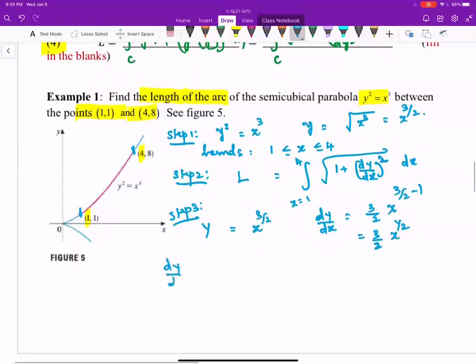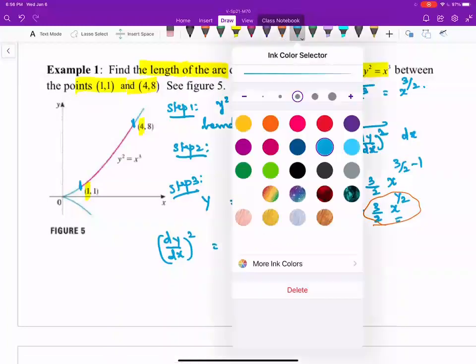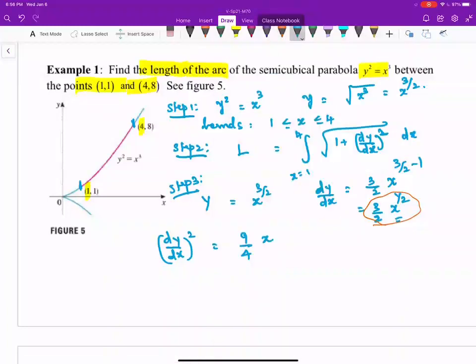So (dy/dx) squared, the square of this, is 9 by 4 x. Then the integrand is 1 plus (dy/dx) squared, that is 1 plus 9 by 4 x.